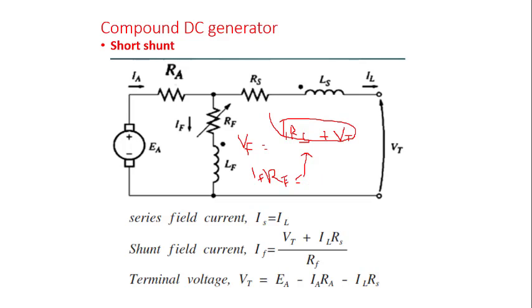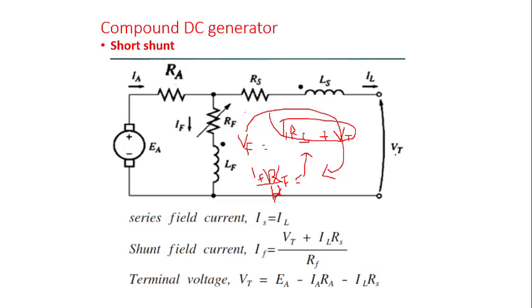We divide both sides by RF. So if you divide both sides by RF, this RF and the one we are dividing here are going to cancel. So what you're getting is IF is equal to IL RS plus VT all over RF. That's what we are getting over here because of the Kirchhoff voltage law taking this particular loop. All right, I hope it's clear.